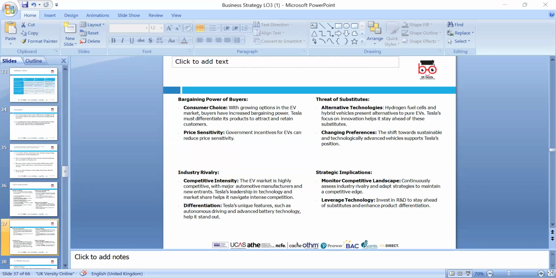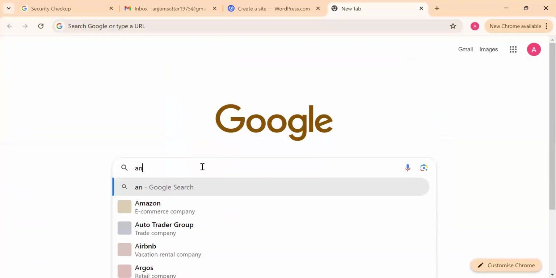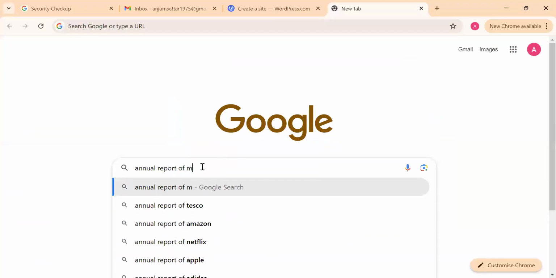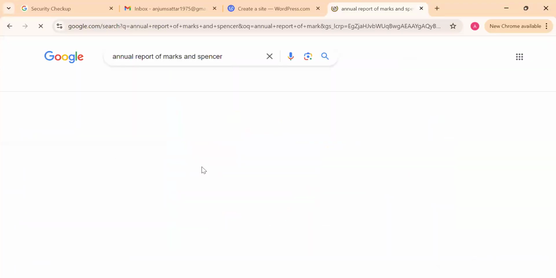So it's always good, if you want, to pick any company of your choice. I'll quickly share with you. What you can do, please, is go and download the report of the company. That's quite good. So we can search for the annual report of Marks and Spencer, if you want.